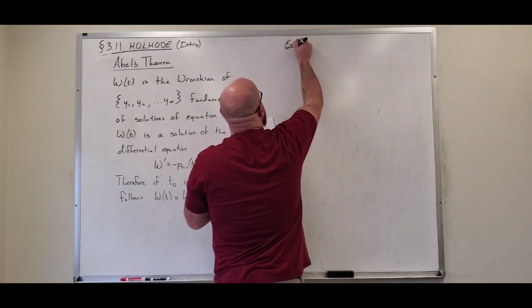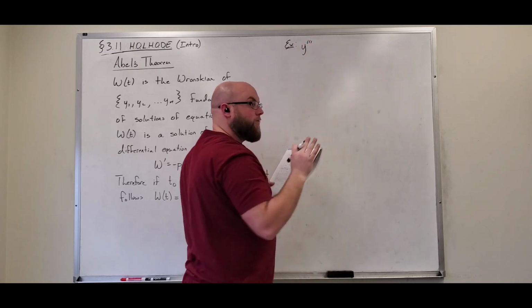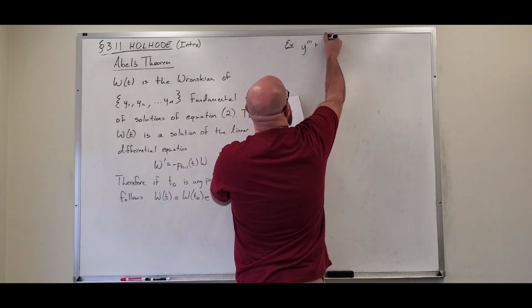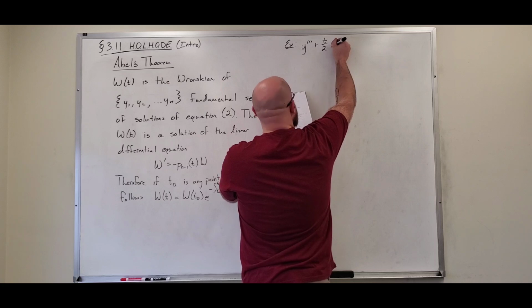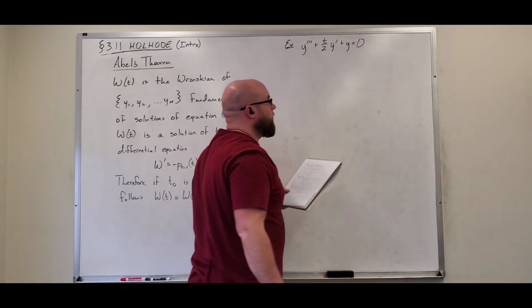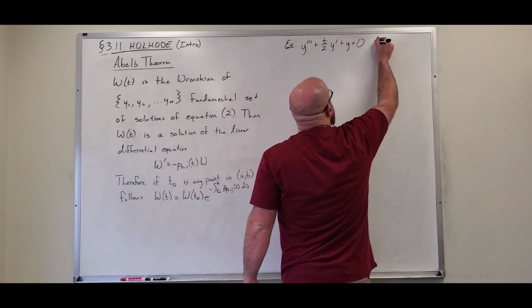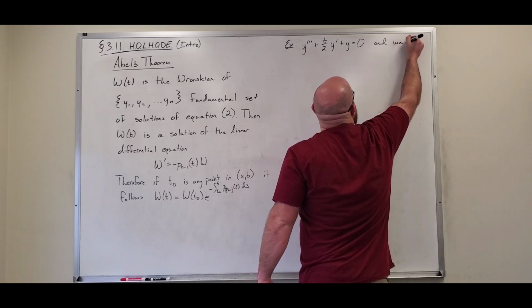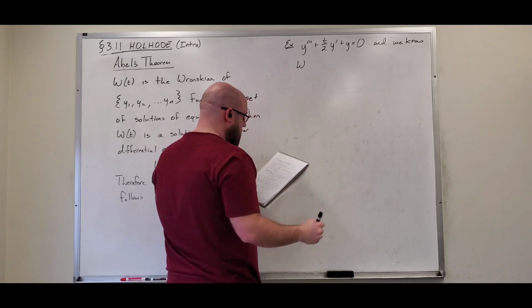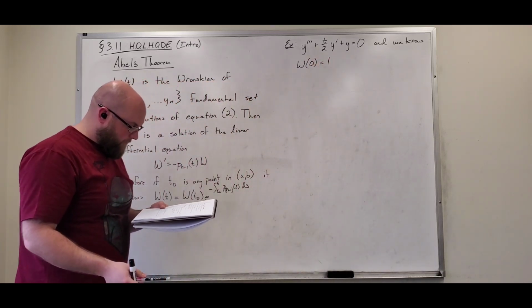So an example of this being used is if we have y triple prime, so we're dealing with third order here, plus t over 2 y prime plus y is equal to 0. Again, dealing with a homogeneous linear equation here. And we know the Wronskian evaluated at 0 is equal to 1, so it's non-zero there.